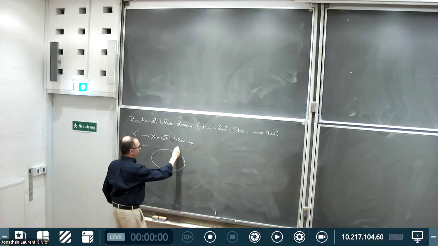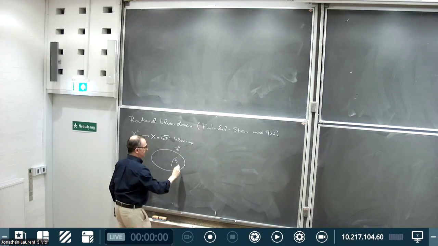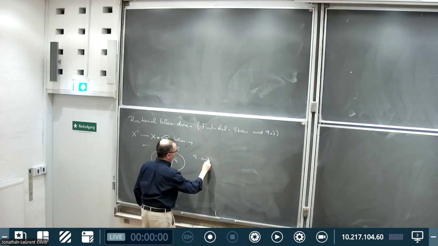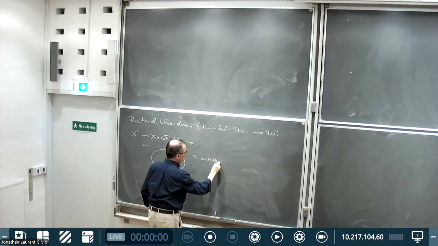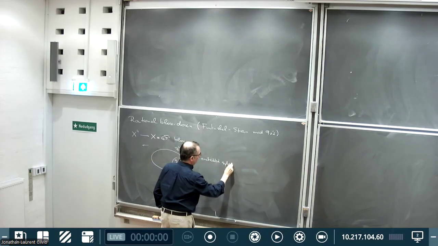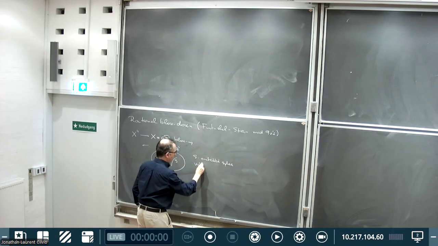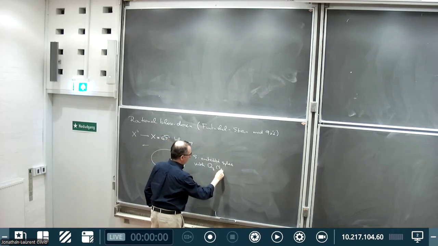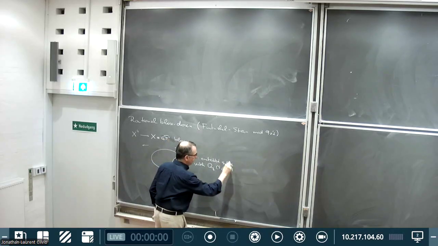So Z is a four-manifold, this is S embedded sphere with Q_Z(S) minus 1.